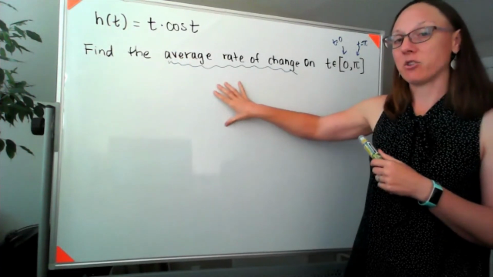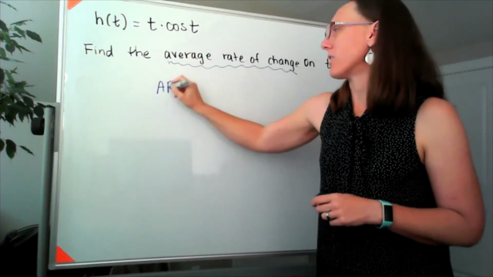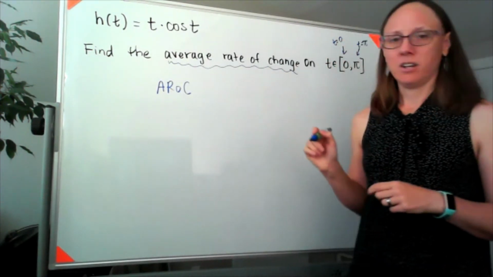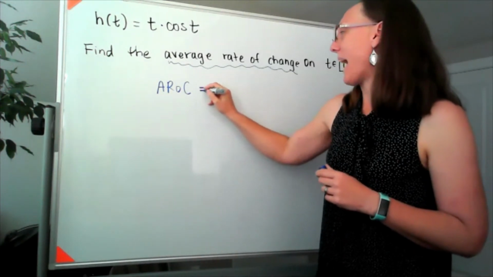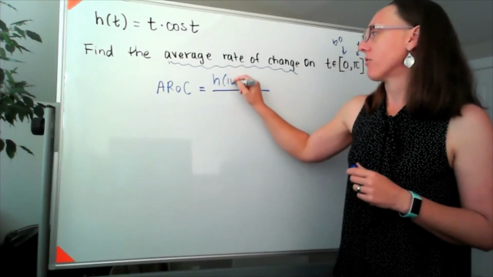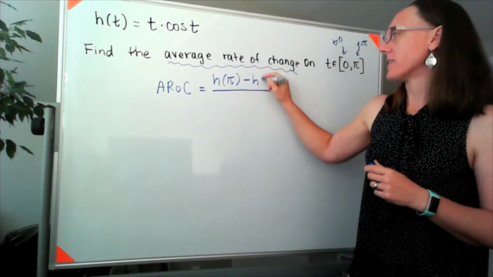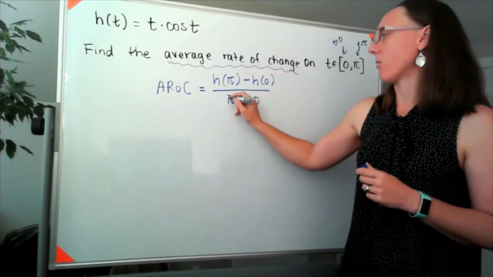So this average rate of change on that interval, sometimes abbreviated as AROC, is going to look like h of pi minus h of 0 over pi minus 0.